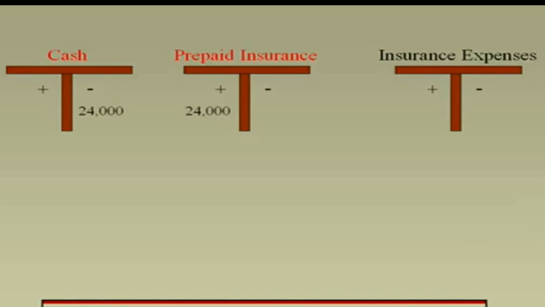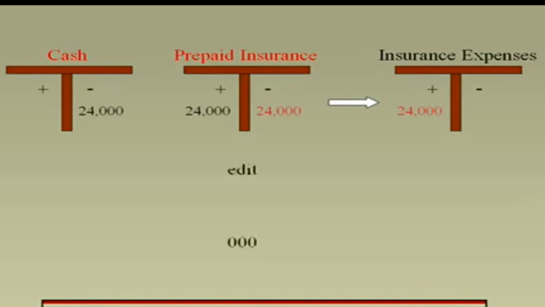So what happens? There you go. 24,000 goes out of prepaid insurance, which is an asset, and goes into an insurance expense account. So at the end of the year, this asset gets converted to an expense.